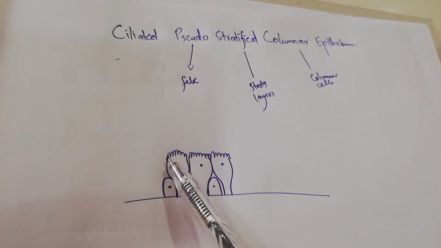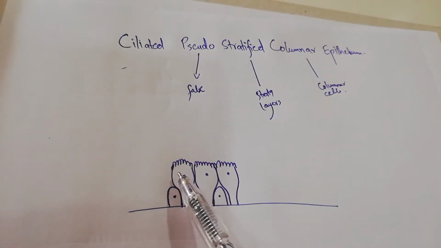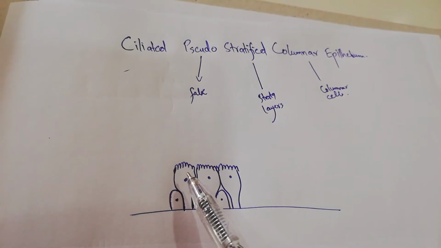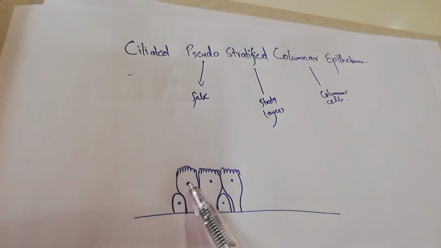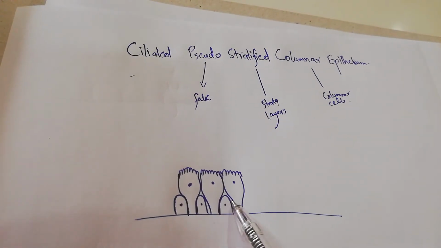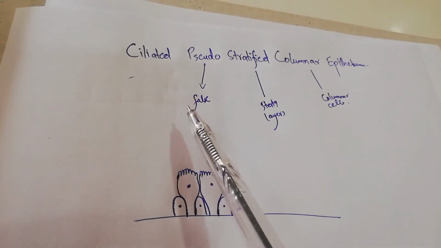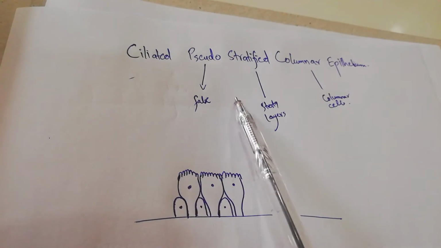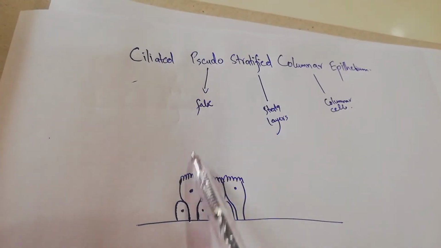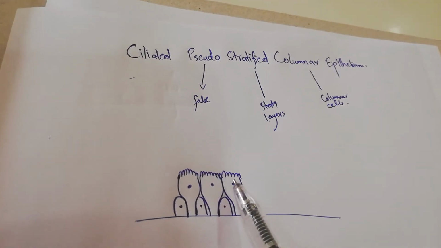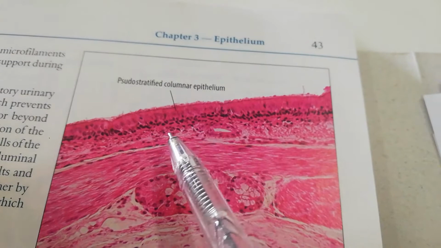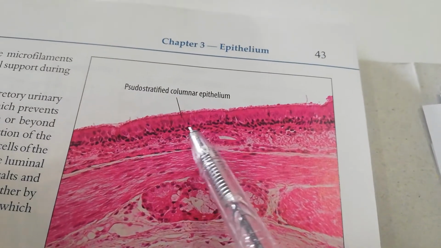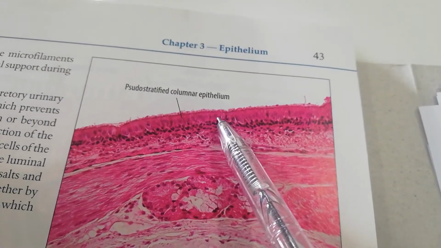So this is actually giving us a falsely stratified appearance. We have two strata of the nuclei which combine and give us a false, or pseudo-stratified, appearance. I mean, if we look on the microscopic image, we can see that we have this layer and then we have another layer of the cells.